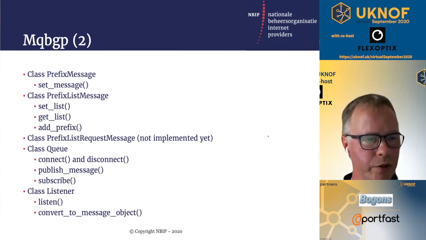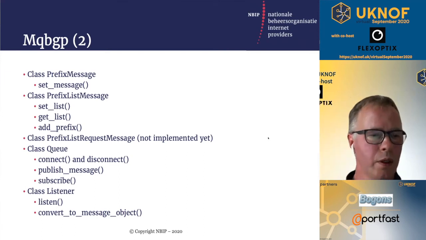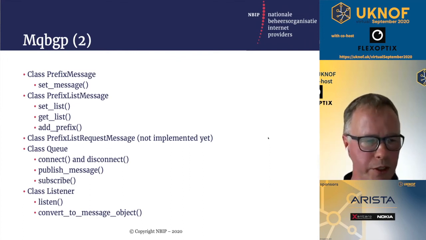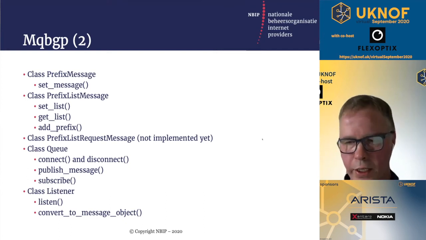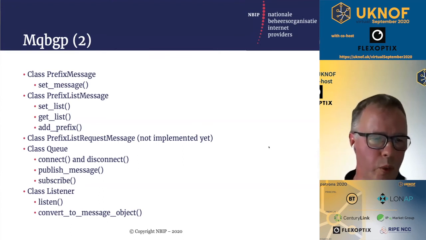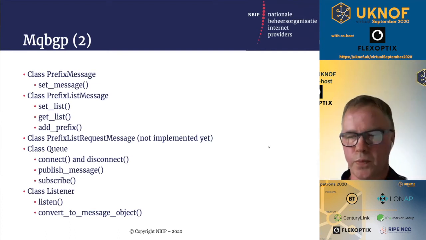That is the prefix part for dealing with BGP prefixes, and the queue and listener part for handling the messaging, so connecting to the message server and listening to messages. Those are the two components that make up Mqbgp.